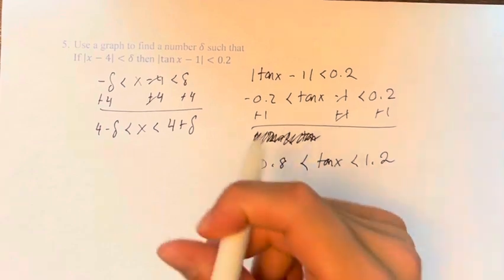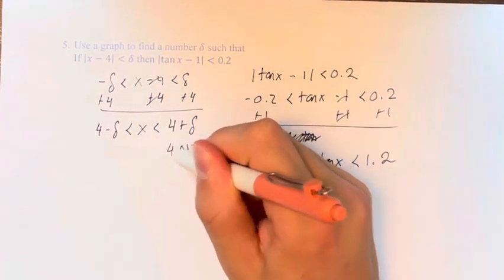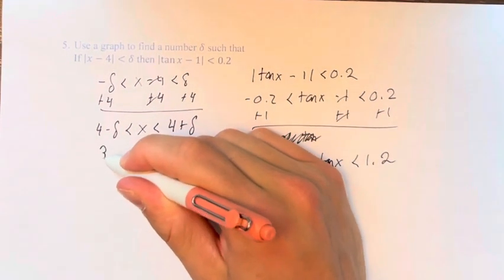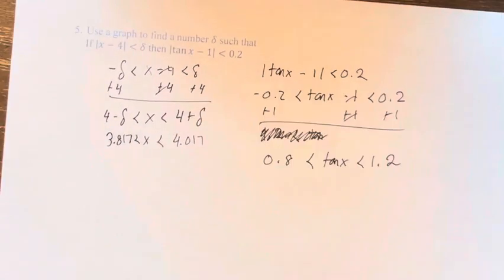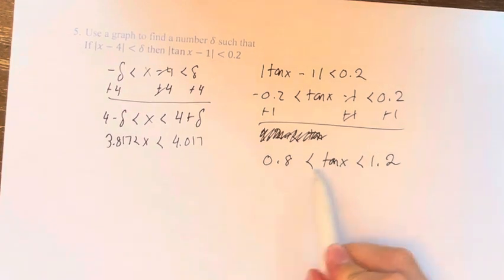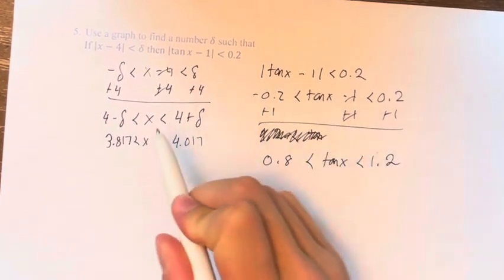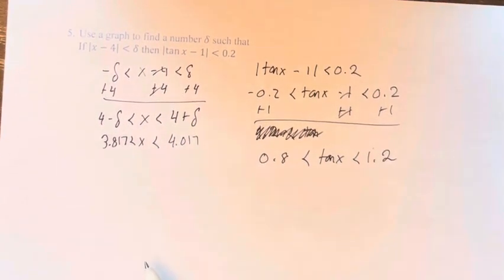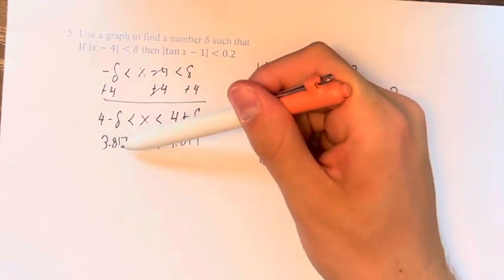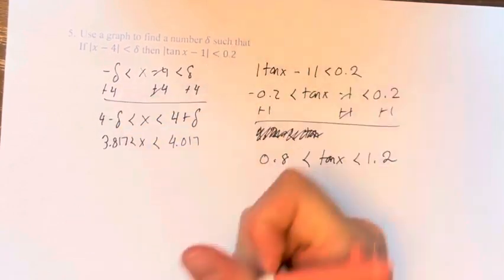So if we want tangent of x to be between these two values, x has to be between these two values, and these are represented by a distance delta away from 4.